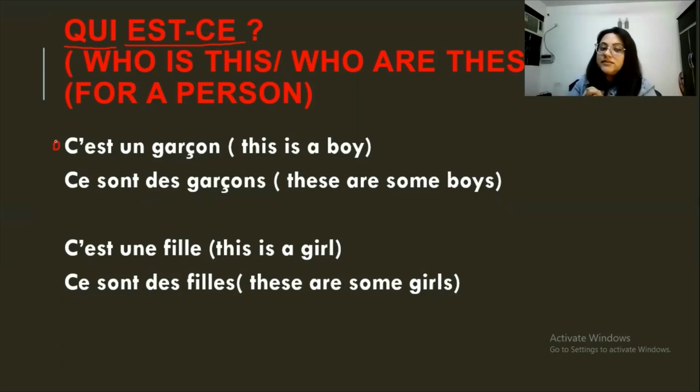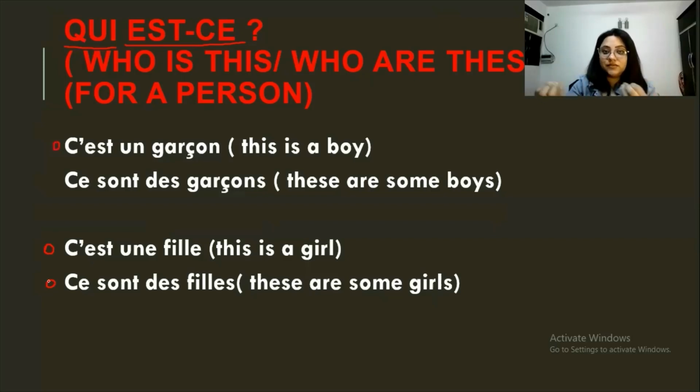If my answer is c'est une fille, this is a girl, my question again is going to be qui est-ce? And if my answer is in the plural form, ce sont des filles, these are some girls, then also my question is going to be qui est-ce?